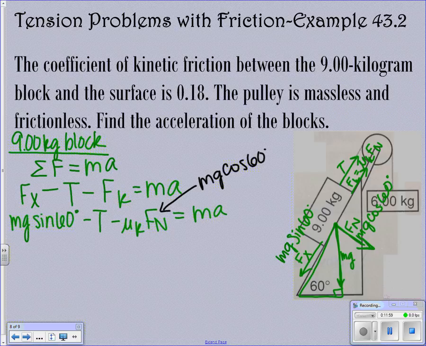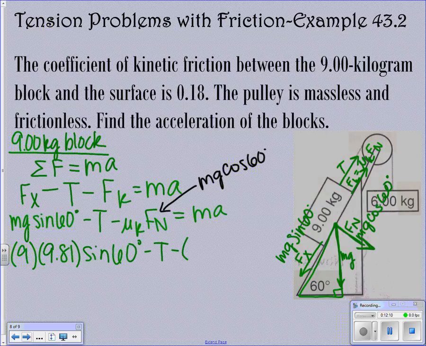Now if we plug in all of the numbers, our mass is 9, our gravity is 9.81, sine of 60, minus T, and then minus our u sub k is 0.18, our m is 9, our g is 9.81, and we have cosine of 60, and then our mass is 9, and our acceleration is a. So that's all for the 9 kilogram block.